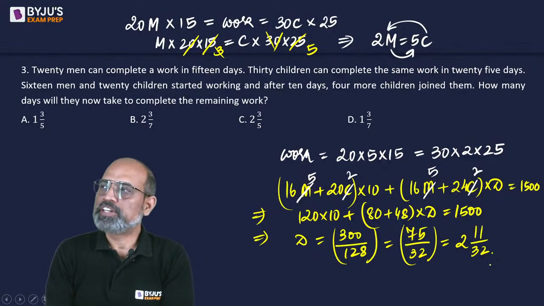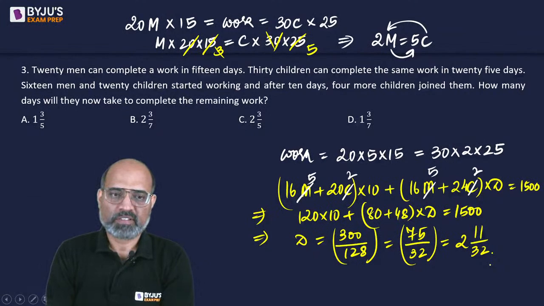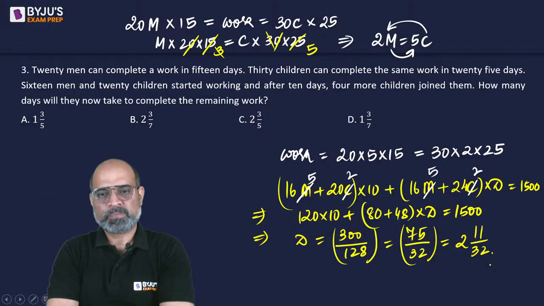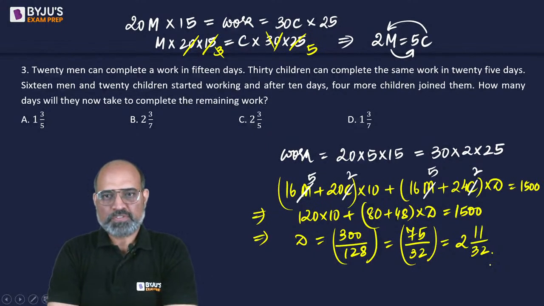One 11 upon 32 is very close to 1/3. 1/3 के close. Instead of 2m, we can write 5 children. Or instead of I hope there is no calculation mistake here.